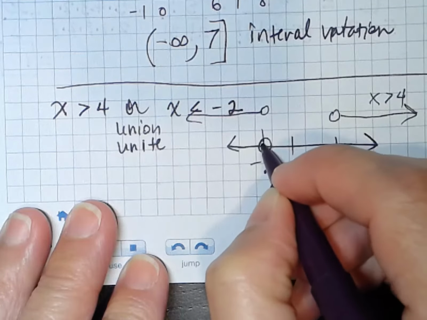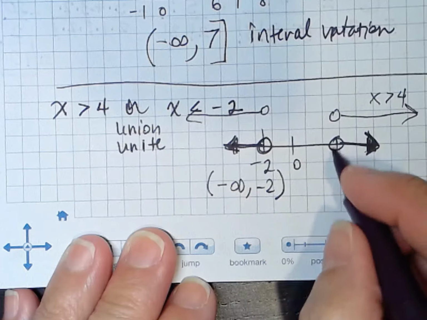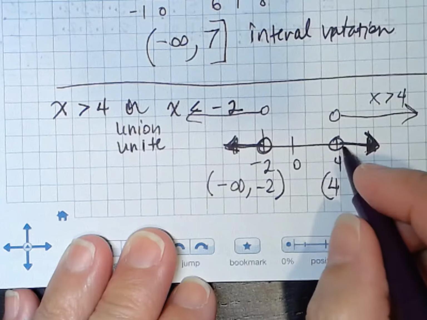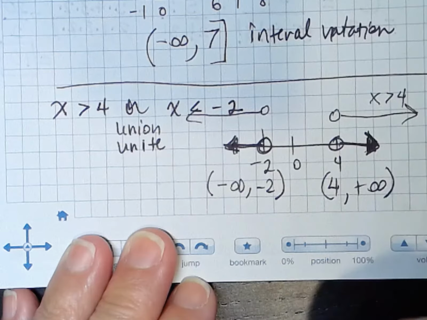Okay, so this time I've got 2 separate pieces right here. So I have to write the interval notation for this piece, and that would be from -infinity to -2. And then I have to write the interval notation for this piece, and it goes from 4 out to +infinity.